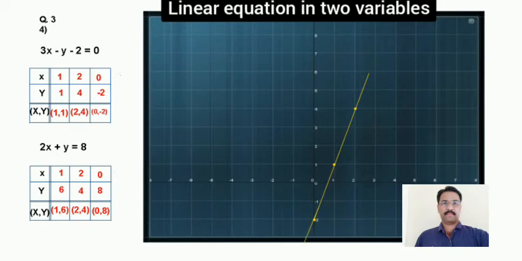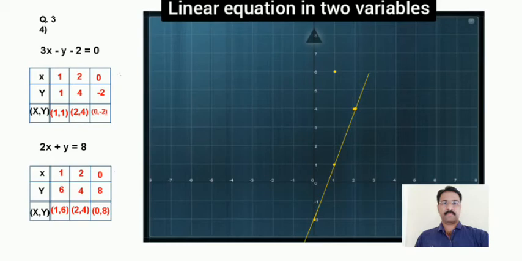Now, see the second equation. For the second one, (1, 6) is again in the first quadrant. (2, 4) is the same point which we got in the first graph. (0, 8) is on the y-axis.